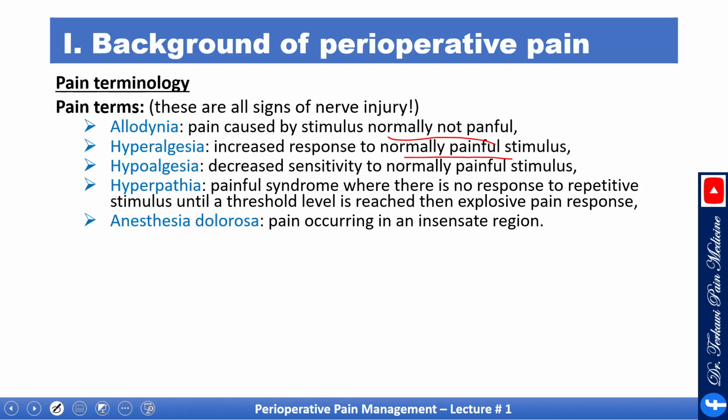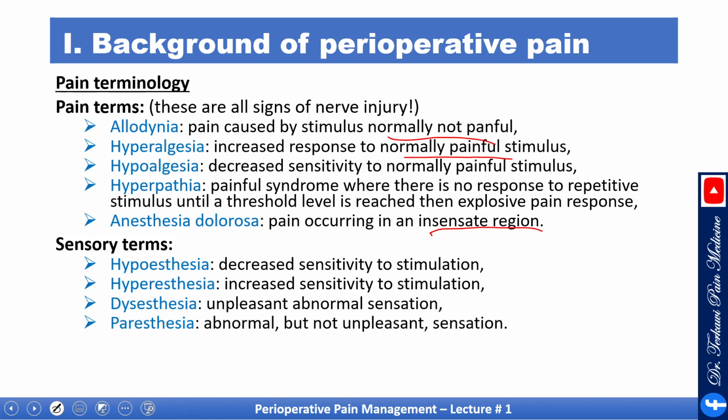Hyperpathia, painful syndrome where there is no response to repetitive stimulus until a threshold level is reached, then explosive pain response. Anesthesia dolorosa, pain occurring in an insensate region. Example for this will be when we do trigeminal ganglion radiofrequency ablation, then sometimes the patient may develop this sort of complication.